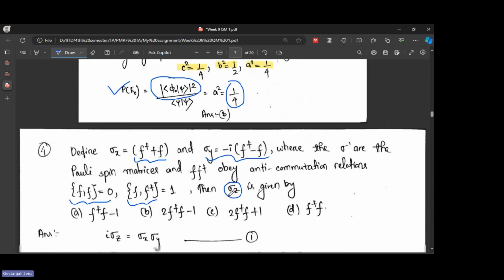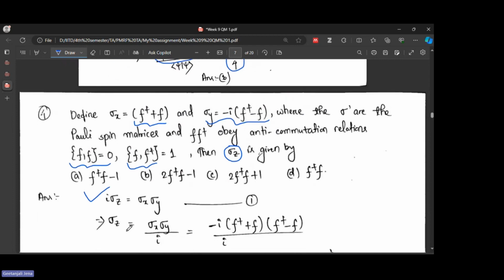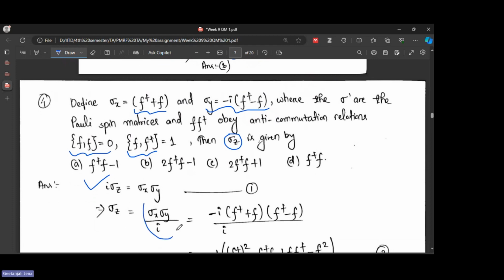So you know that if you take the product of sigma x and sigma y, what you will get is i times sigma z. So if you want to find sigma z, it is nothing but sigma x sigma y divided by i.